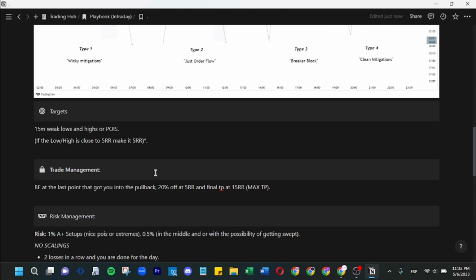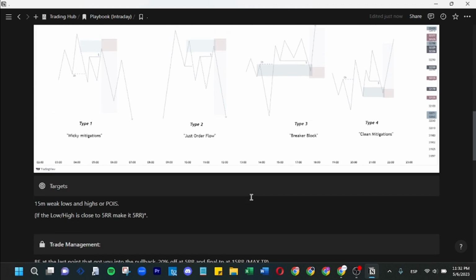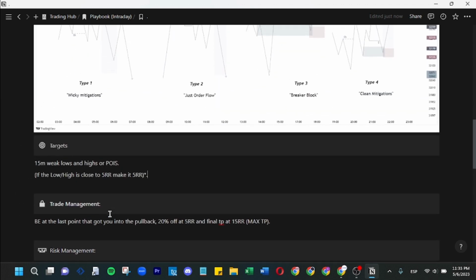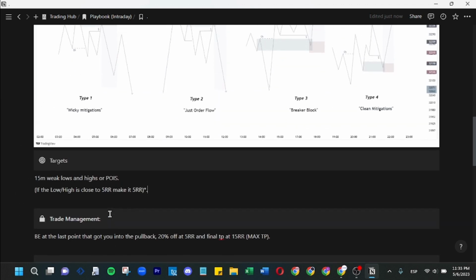In trade management, after the last point, you go into the pullback, or 20% off at 5R and final TP 15R, right? It really depends on how you see your setups occur, and what you've experienced is the right way to manage certain levels.